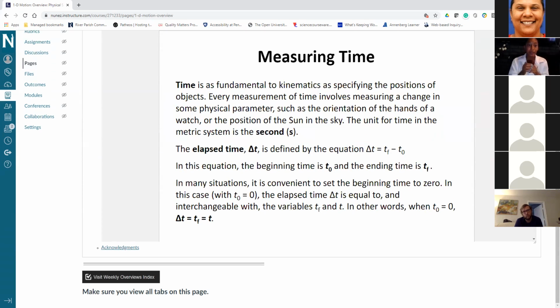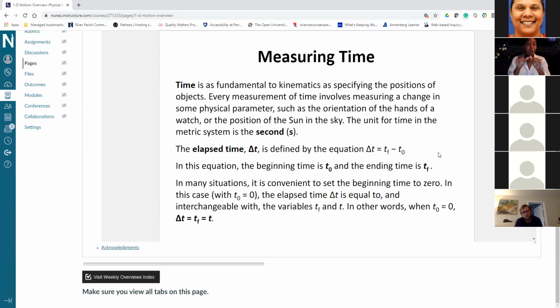Measuring time. If we're going to be describing a moving object, then inevitably we're going to be using the property time to help us do that. So we need to understand this idea of measuring time.